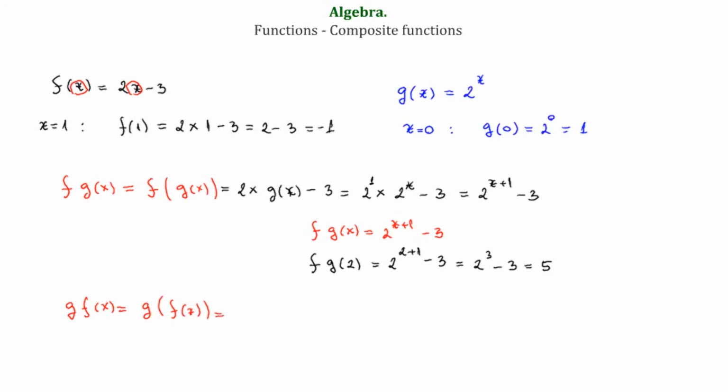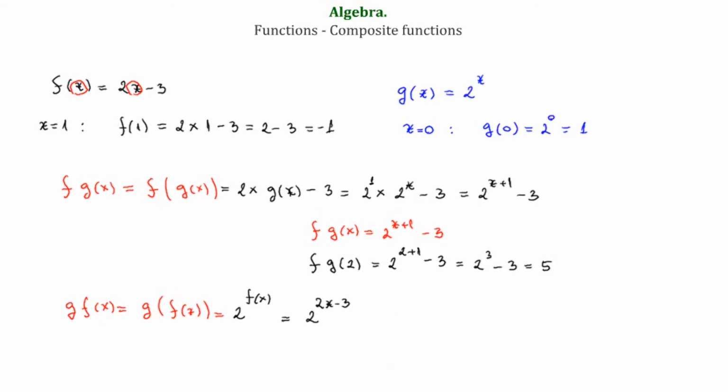Thus in the function g of x, which is 2 to the power of x, we don't have 2 to the power of x, we have 2 to the power of f of x. x has been replaced with f of x. So that means 2 to the power of 2x minus 3.